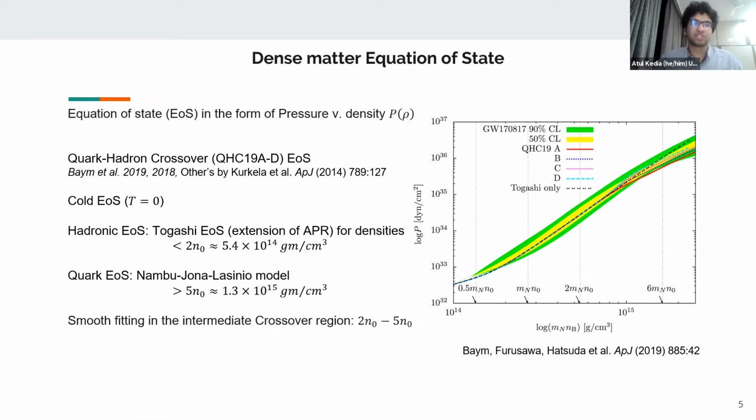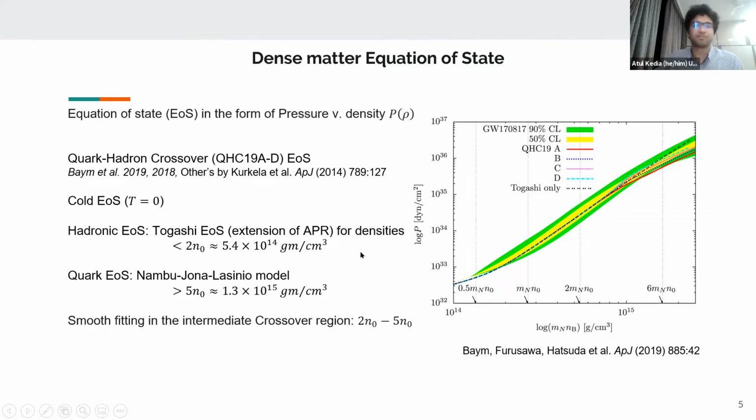Let me now describe how this equation of state goes. It's a cold equation of state at T equals 0, of course, for dense matter. At low densities, below twice the nuclear saturation density, this equation of state is the Togashi equation of state, which is an extension of APR.